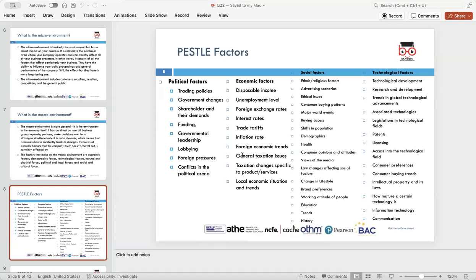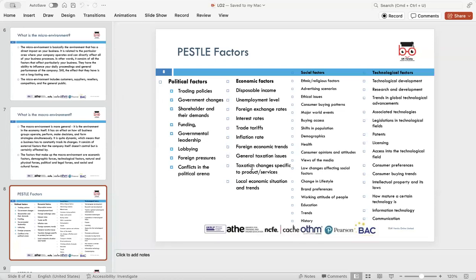When we talk about economic factors, they revolve around the financial aspects affecting businesses: disposable income, the money people have available after taxes, unemployment levels, foreign exchange rates, interest rates, trade tariffs, inflation, and so on.